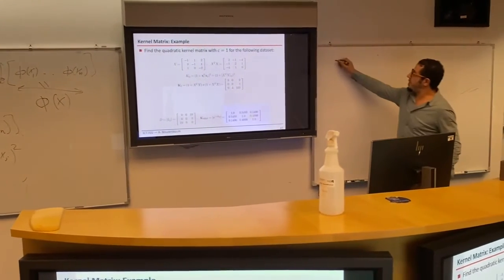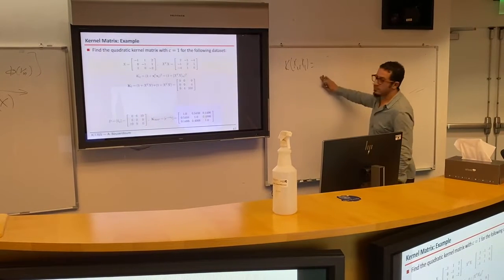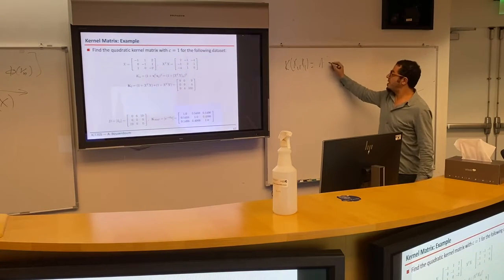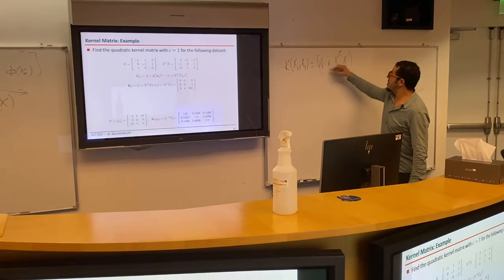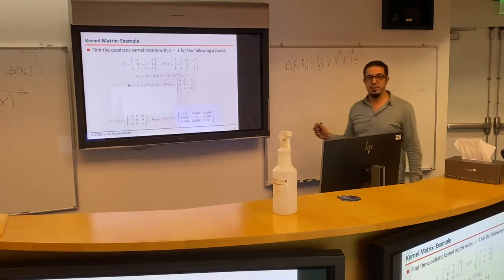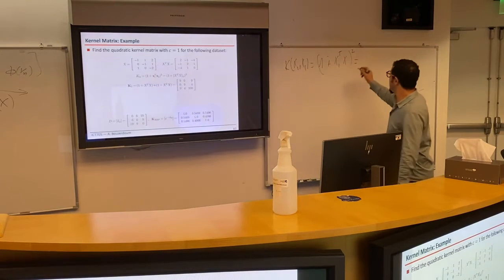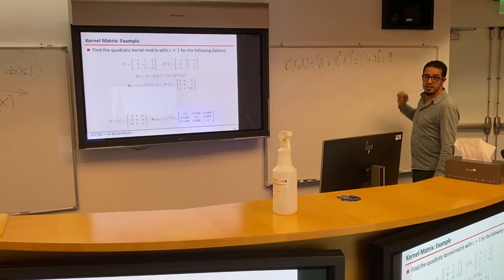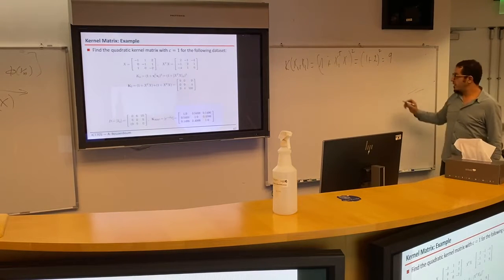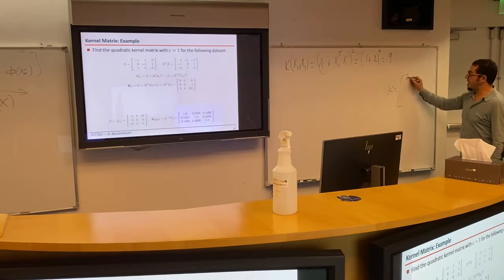So please, can you tell me what is k of x1, x1? It is (1 plus x1 x1 transpose) to the power 2. What is x1 here? This one itself, right? So it should be (1 plus 2 square), which is 9, yes? So my K matrix is n by n, and here is 9.